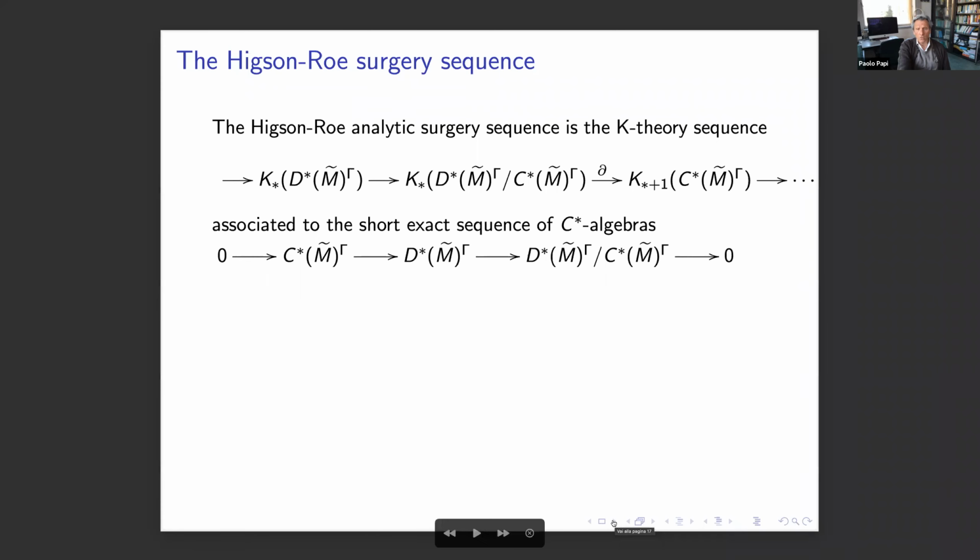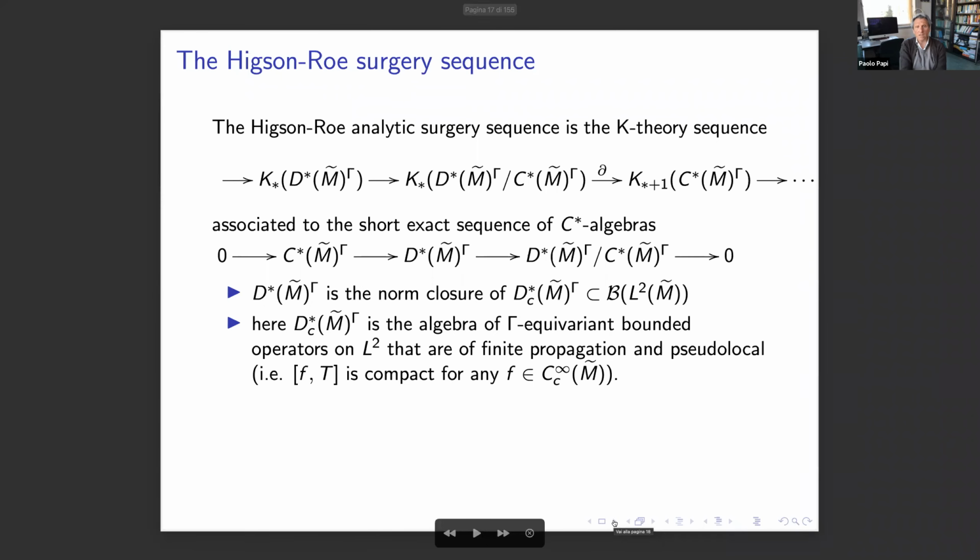Now, who are these algebras? D star is the norm closure of a certain algebra, which is the algebra of operators which are of finite propagation and pseudolocal. Pseudolocal means that the commutator with a compactly supported function is compact.